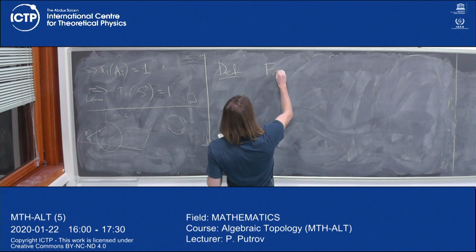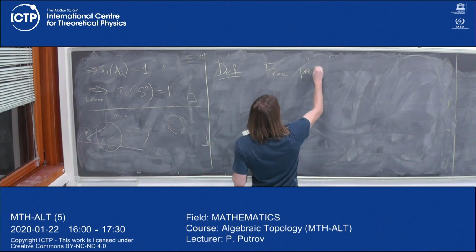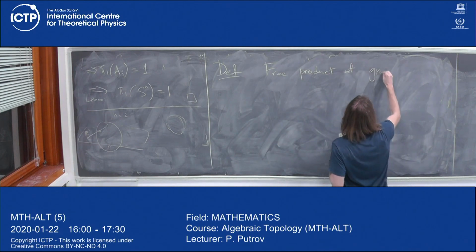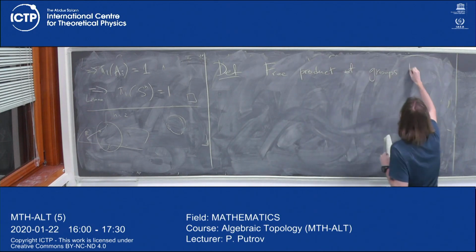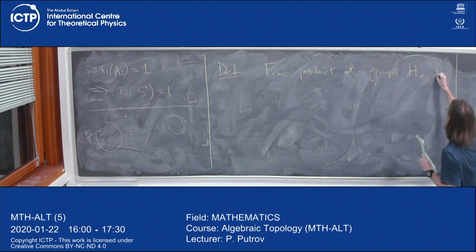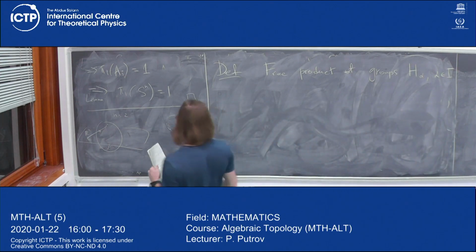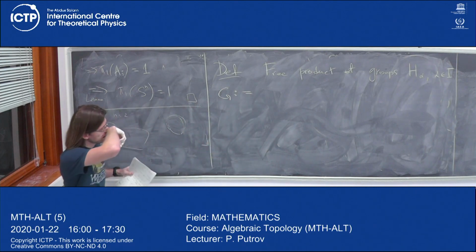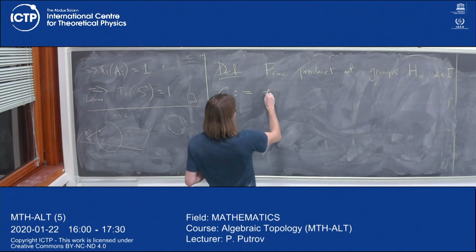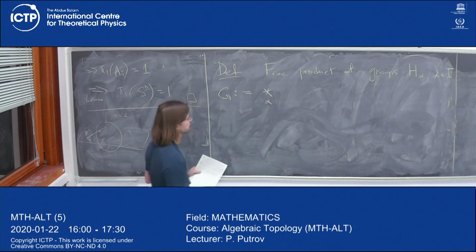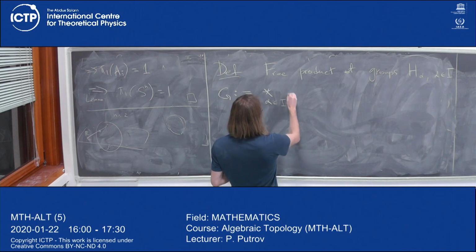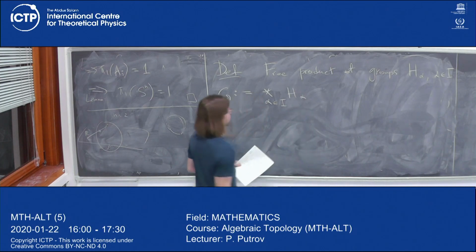This is the notion of a free product of a family of groups H alpha, where alpha runs over some set I. And so this free product of some arbitrary family is denoted by, usually, a star with alpha.